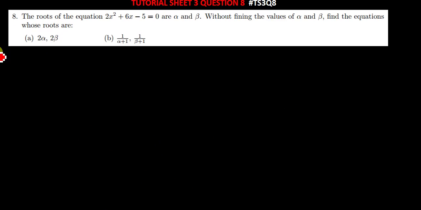So B is telling us to say our roots are x equals 1 over alpha plus 1 and, I'll say my other x is equal to 1 over beta plus 1.